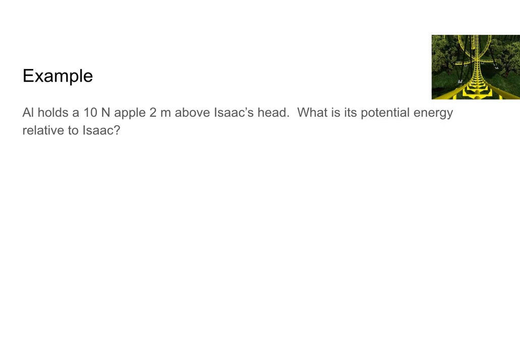So example 2. Al holds a 10 Newton apple 2 meters above Isaac's head. What is its potential energy relative to Isaac? So let's go ahead and start by drawing a picture here. So here is my apple, which has a weight of 10 newtons and is 2 meters above Isaac's head.